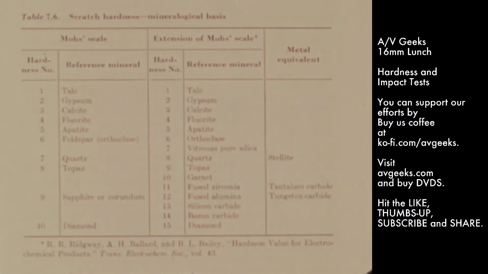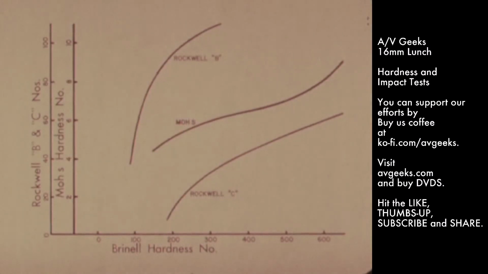On the Mohs hardness scale, the softest material is talc, number 1, and the hardest, diamond, is number 10. The Mohs scale may also be compared to the other measurements. The scratch test measures abrasive hardness in addition to indentation hardness, and hence another nonlinear relation between hardness numbers results.